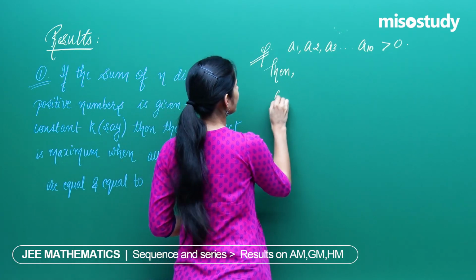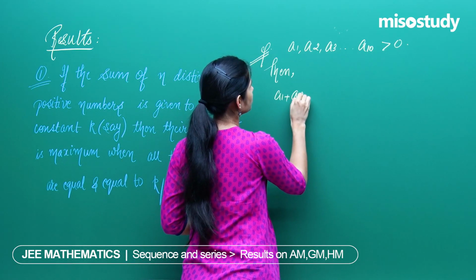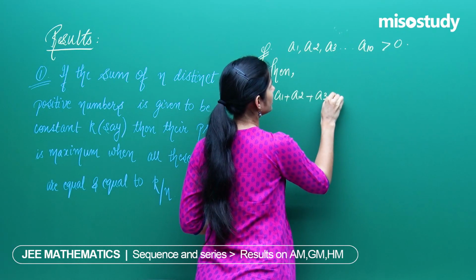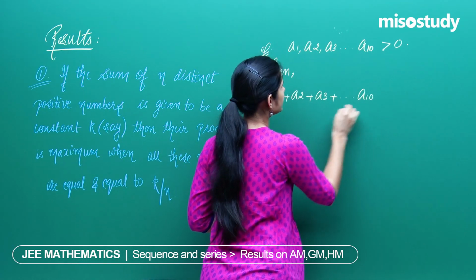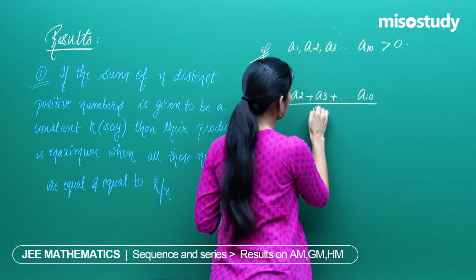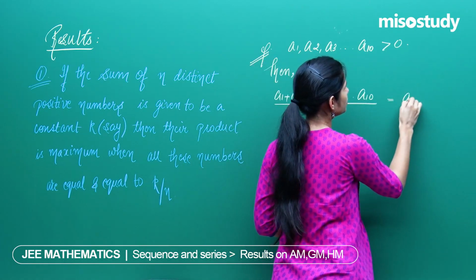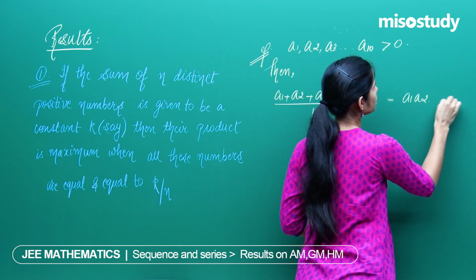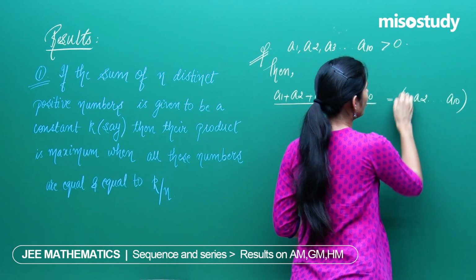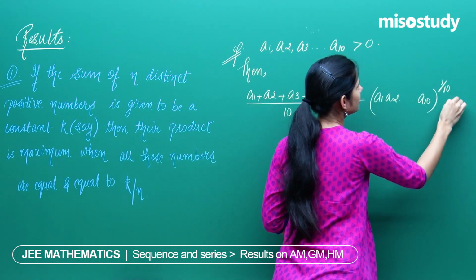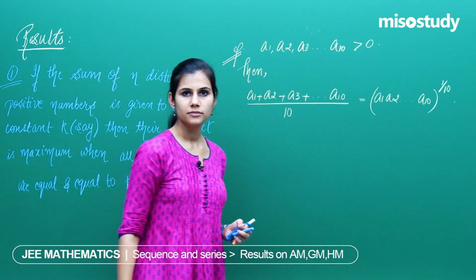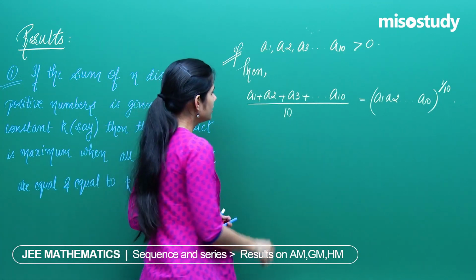It will be A1 plus A2 plus A3 and so on plus A10 whole upon 10 is greater than or equal to A1 into A2 and so on into A10 whole to the power 1 by 10. Right?